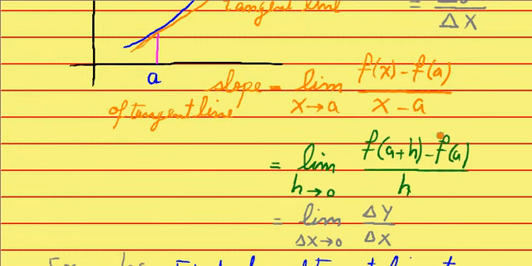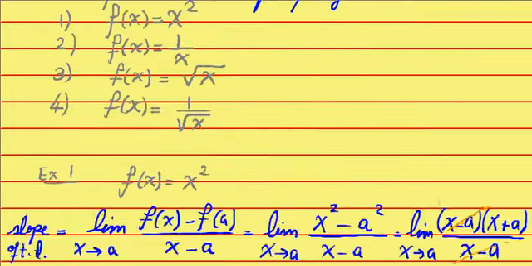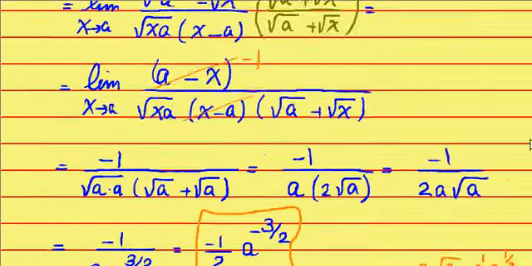You can write it with this notation, the h notation, or you can write it with this delta x notation. So there are 3 versions of this, and much of the future chapters in the course try to use this one. There are slight advantages and disadvantages in either of these. Let me just show you one example.